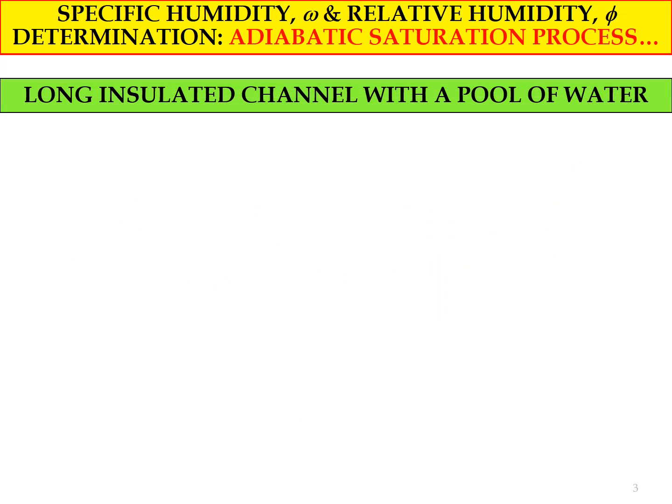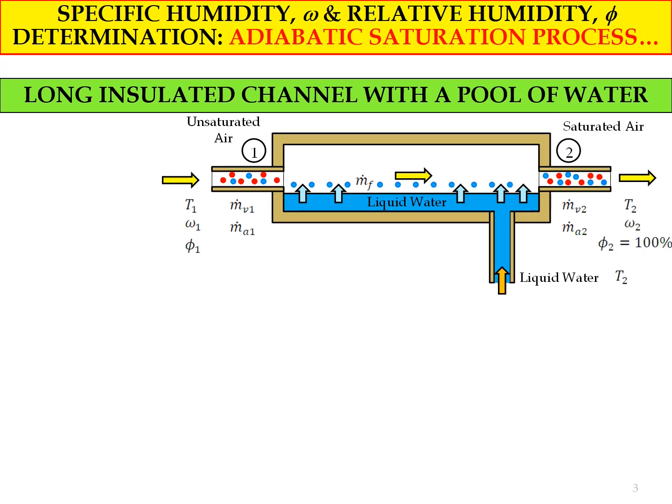Okay, now we still consider the long insulated channel with a pool of water in order to discuss the adiabatic saturation process. In this slide, we will derive the equation for omega, the specific humidity, in order to determine the humidity value for the air by using the adiabatic saturation process concept. We look at the same schematic diagram as the previous slide. We have the inlet condition, unsaturated air, and the outlet condition as saturated air.